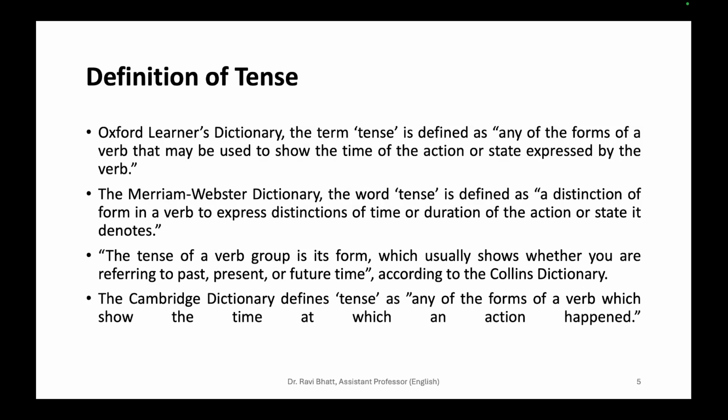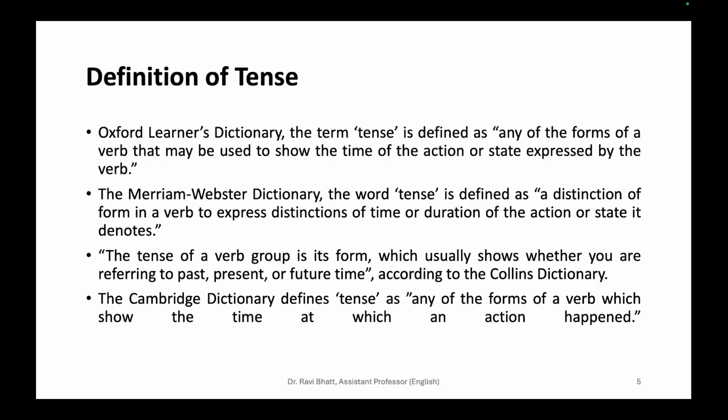Now, here are some of the definitions of tense. Oxford Learner's Dictionary defines tense as any of the forms of a verb that may be used to show the time of the action or state expressed by the verb. The Merriam-Webster defines tense as a distinction of form in a verb to express distinctions of time or duration of the action or state it denotes.